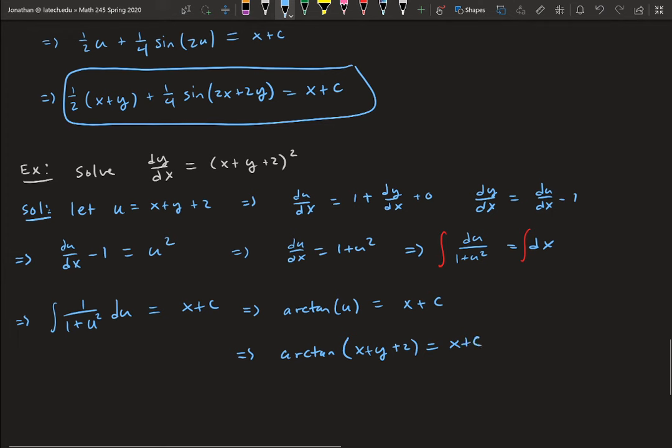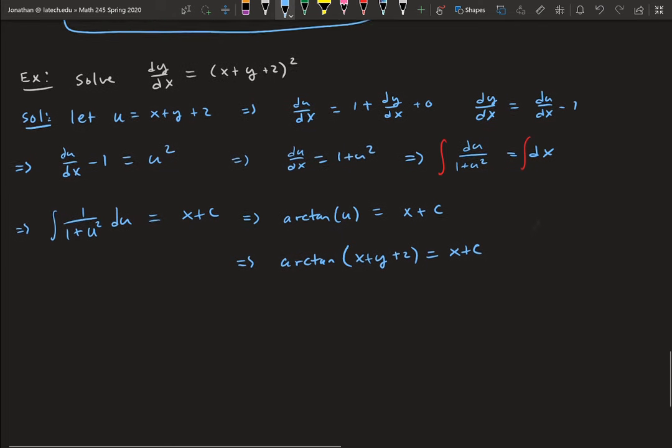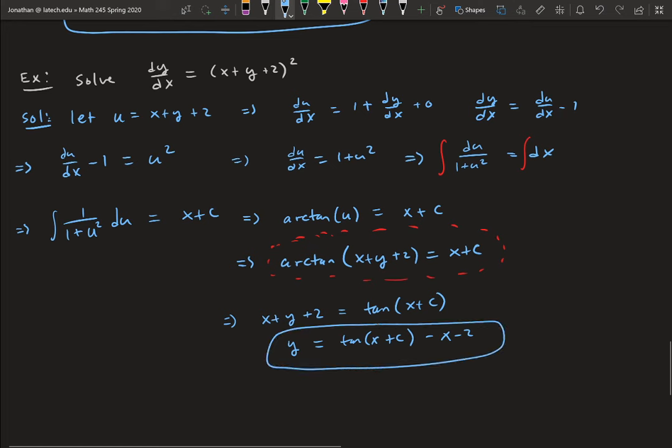And again, implicit solution is probably okay. This one wouldn't be too bad, so let me circle this one as an okay solution. But what we could do is say that x plus y plus 2 is equal to tangent of x plus c, and we could solve for y as tangent of x plus c minus x minus 2, and that would be an explicit solution.